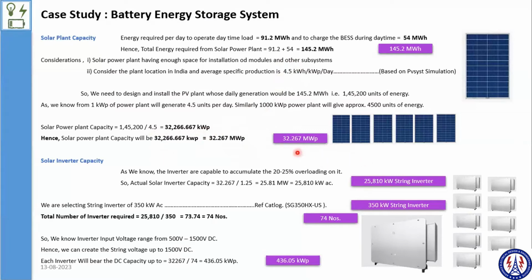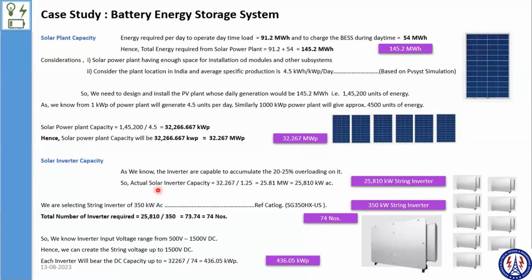Now, because we are planning this plant as an AC coupled plant, we need to plan for inverters. We're done with the DC. We need to plan for the inverters to make that DC power into available AC power. We know very well that inverters can be overloaded up to 20-25%, or sometimes even 30%, based upon the manufacturer's input.